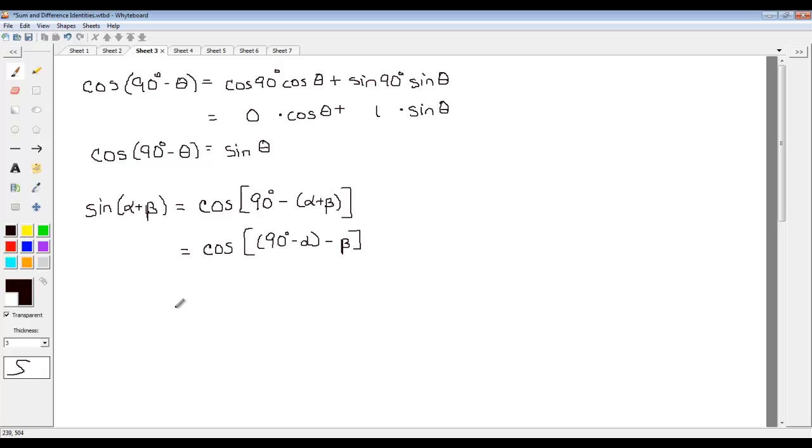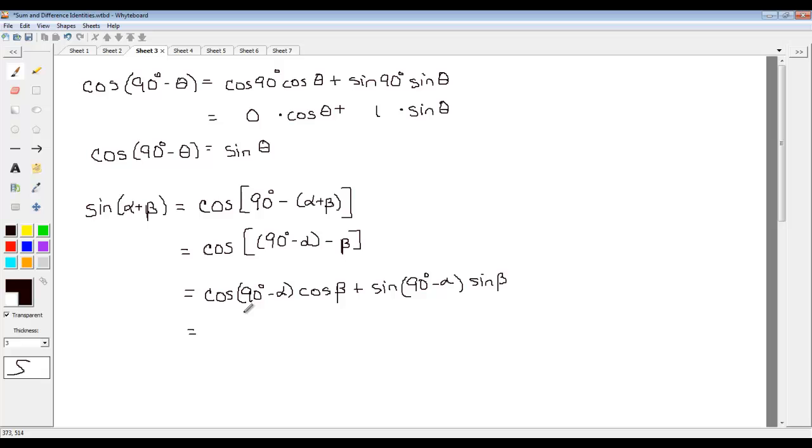We have a cosine of a difference, so we can rewrite that as cosine of 90 degrees minus alpha, cosine of beta, then pay the price to keep close together, change minus to plus, sine of 90 degrees minus alpha, sine of beta.